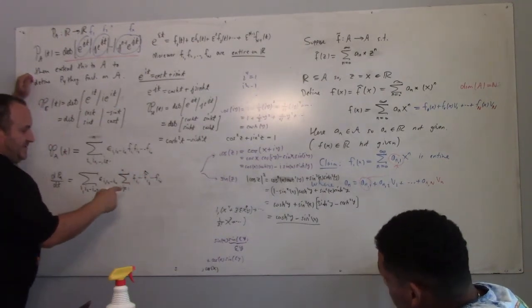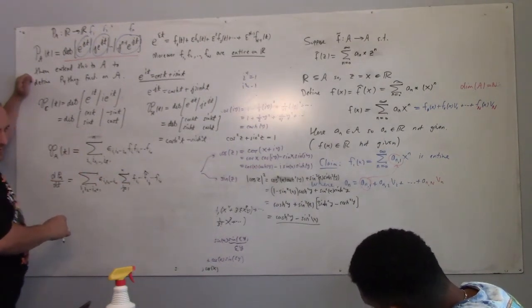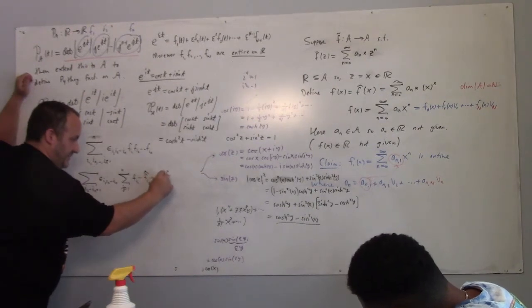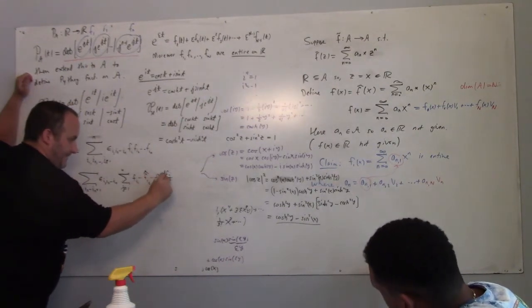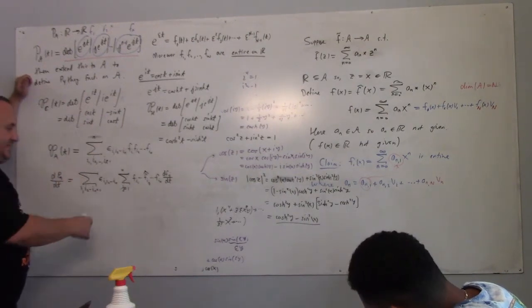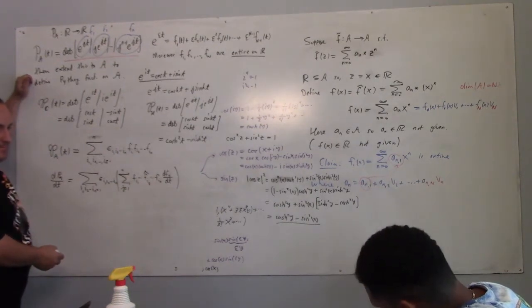So what I'm saying is, take the list, delete the jth one, and then differentiate the jth one here. That's the product rule.